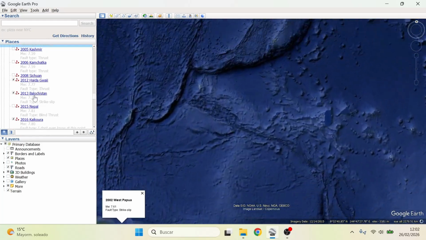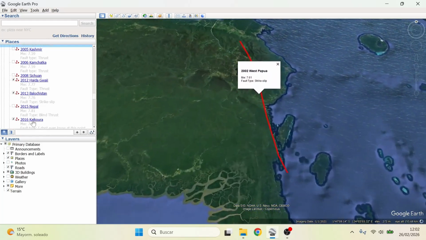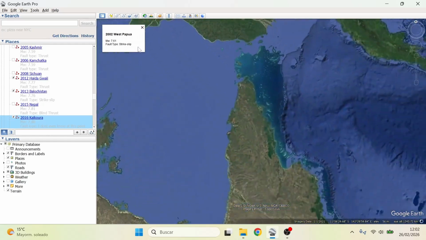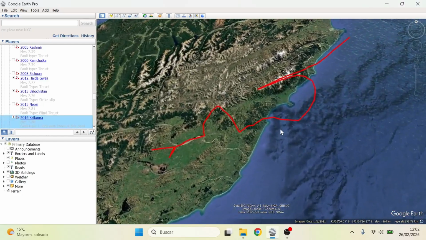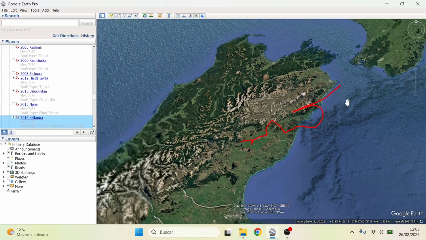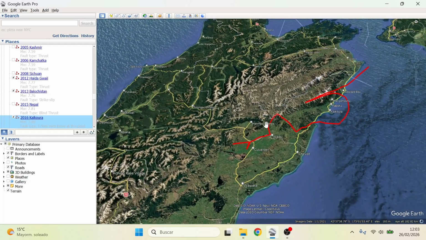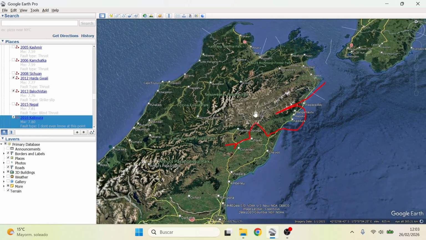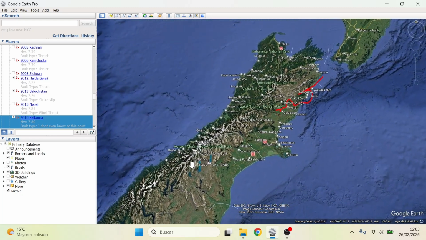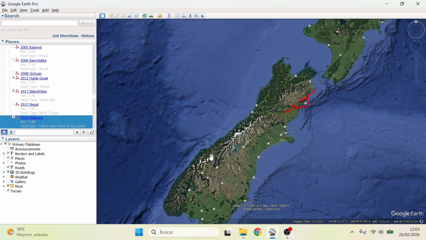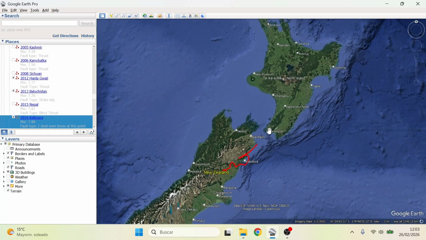More recently we have, for example, 2016 in Kaikoura, which is a hell of a rupture, which ruptured many strike-slip and thrust faults, but are all the same on the strike-slip zone here in the New Zealand area, which is the Alpine Fault and the North Island fault system.